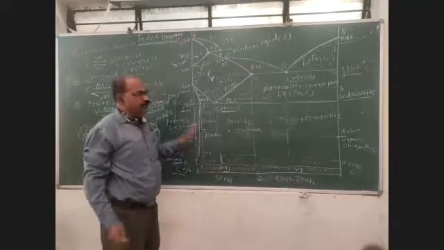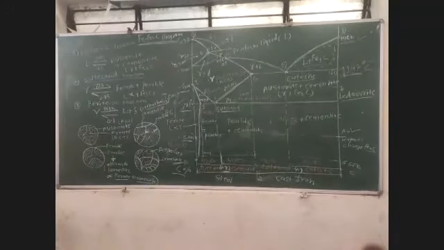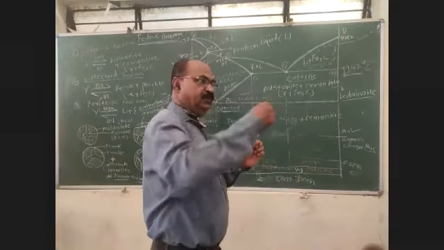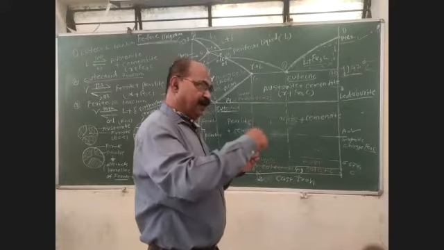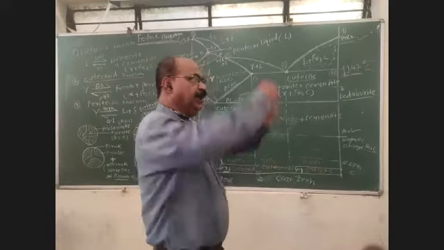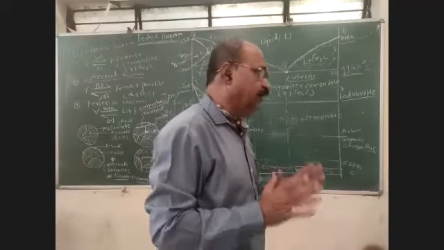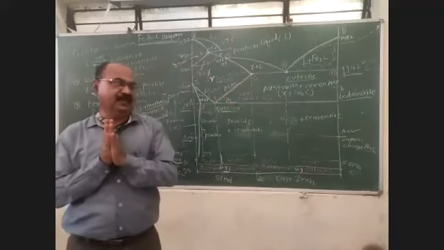Now, in these diagrams, what actually are we expecting? Pure iron is there. In that pure iron, if you go on adding the percentage of carbon, heating and cooling, what structure will you see? The study of that structure is nothing but the iron carbon diagram.